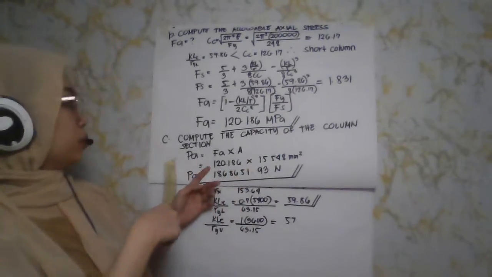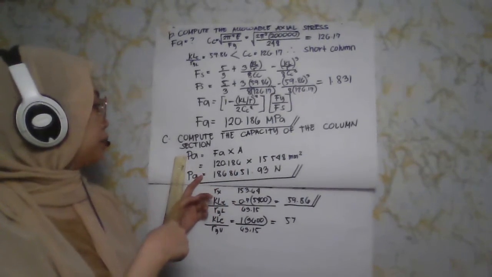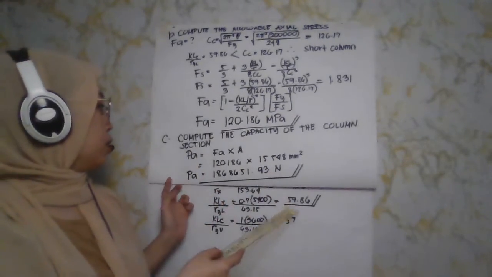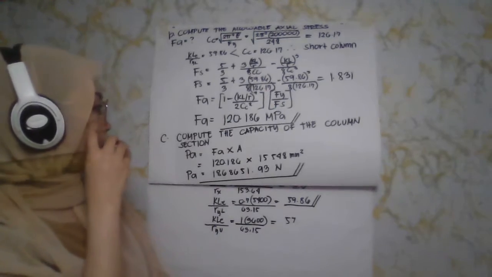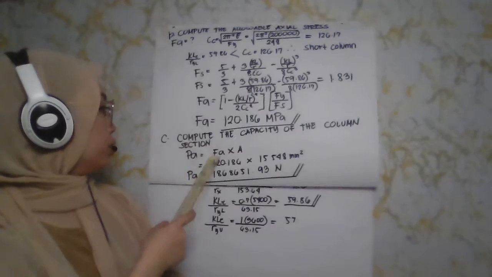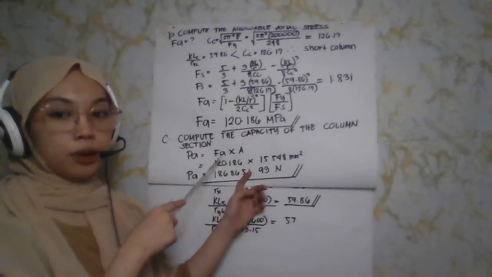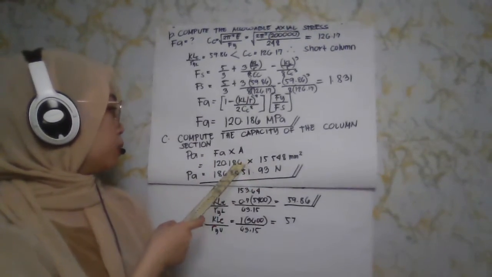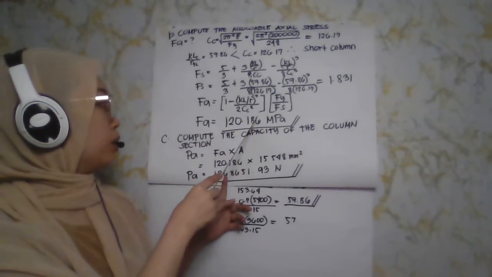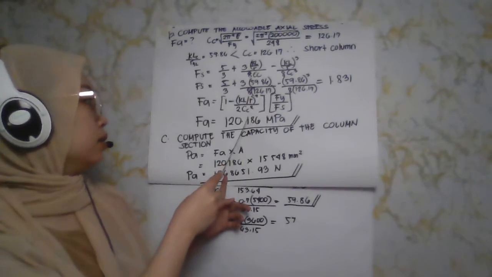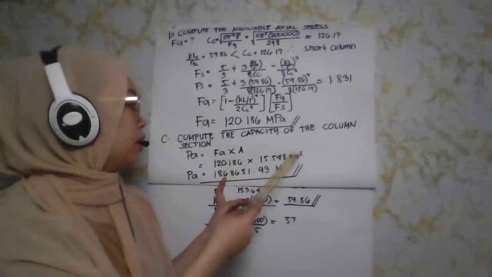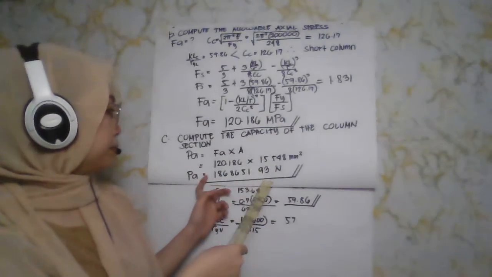So, next problem ay compute the capacity of the column section. So, capacity of the column section natin ay Pa. So, ang formula niyan ay Fa multiplied by A. So, ang nakuha natin na Fa ay 120.186 and multiply lang natin sa area given itong area natin.